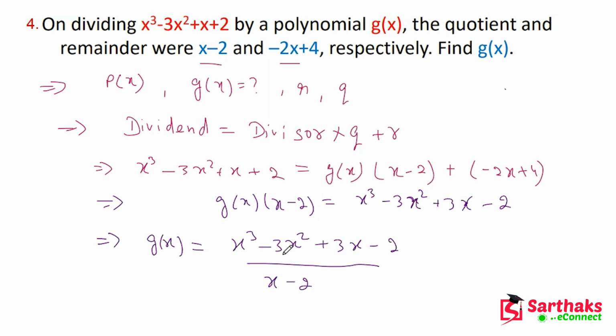Okay, so now we are dividing x cube minus 3x square plus 3x minus 2 divided by x minus 2. So first of all, what will we have to do? Yeah, x cube divided by x becomes x square.